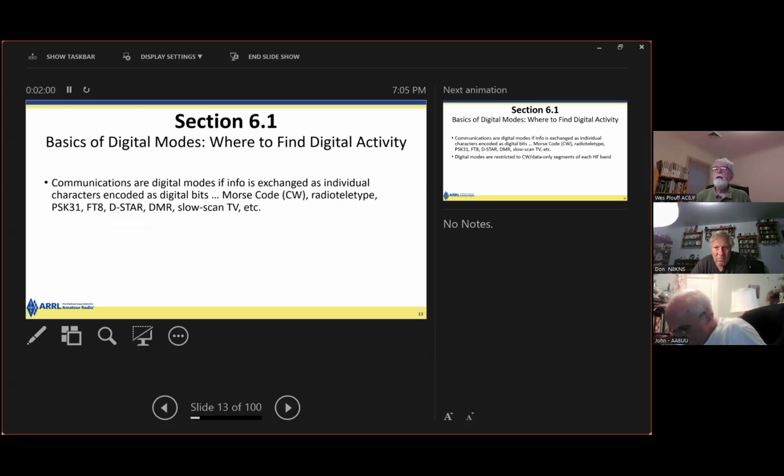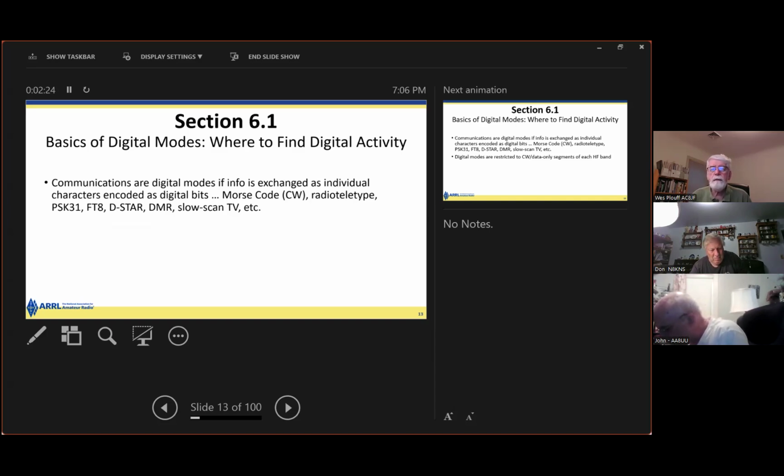But some people like to say that Morse code, CW, is a digital mode, and that's kind of stretching the definition a lot. And then slow scan TV is sometimes considered a digital mode, although the regulations say that those signals have to be in the voice segment of each amateur band.